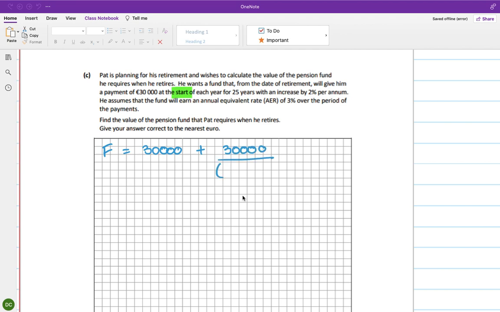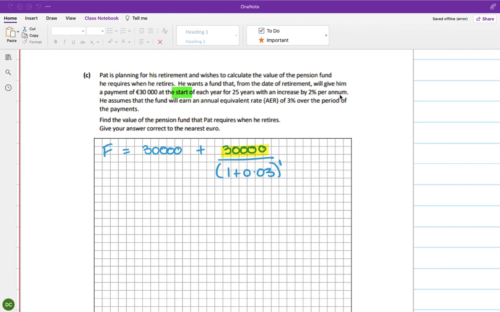So 1 plus 0.03 is the AER, and we want that to include 1 year. But the other bit, where he says he's going to receive 30 grand at the start of each of 25 years with an increase of 2% per annum, he is not going to receive 30,000. He is going to receive 30,000 plus 2% compound interest.